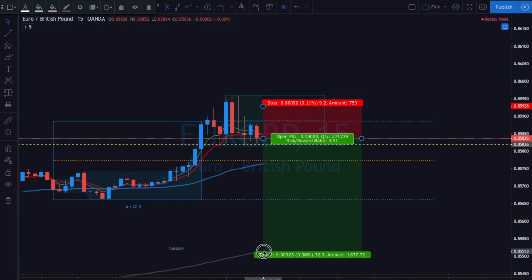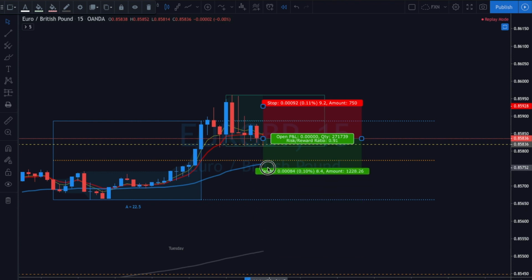So why is it the 200? Well, because if you go to the 50 right here, it doesn't make any sense to take this trade, right? It's only 7 pips away from the 50. Okay, so whenever you're close like this to the 50, you really can't use that as a take profit in this situation.